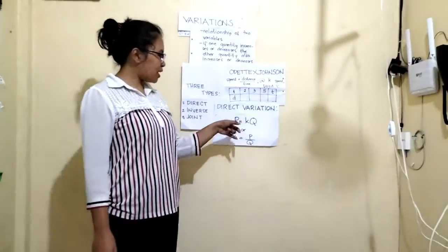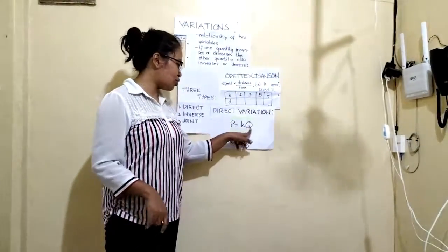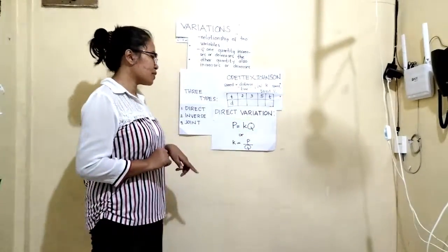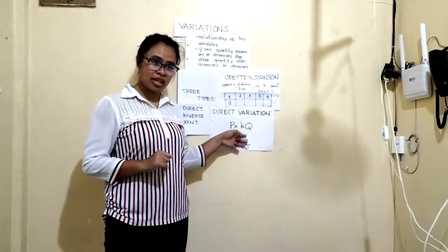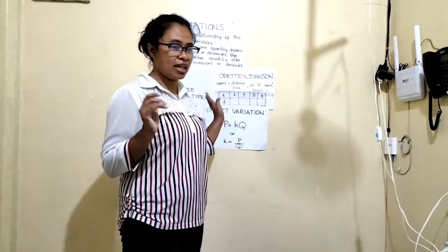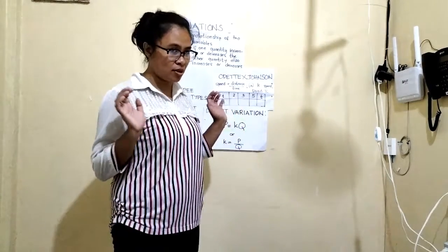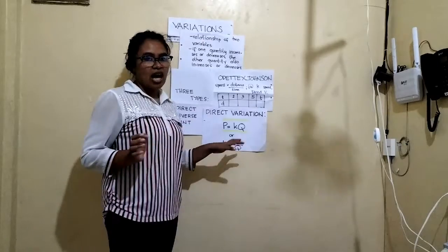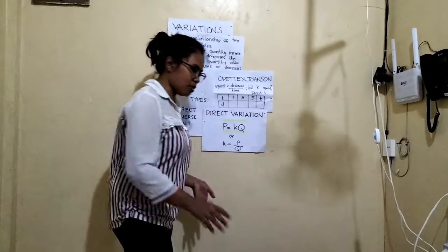So we let P be the first quantity and Q be the second quantity. So both direct variation and inverse variations have these variables. These variables can be any letters or any Greek symbols, right? Because they can be changeable, they are variable, right?